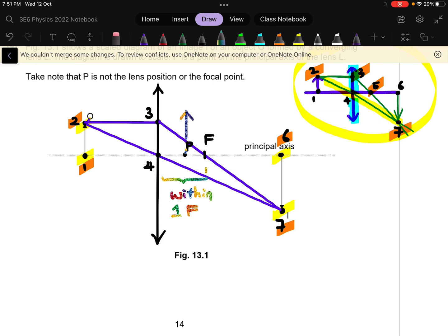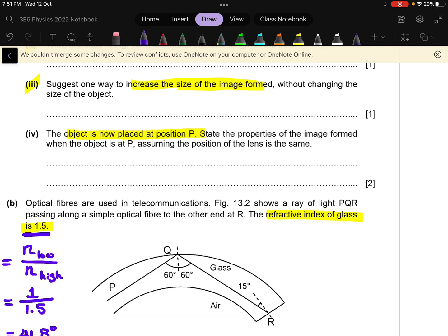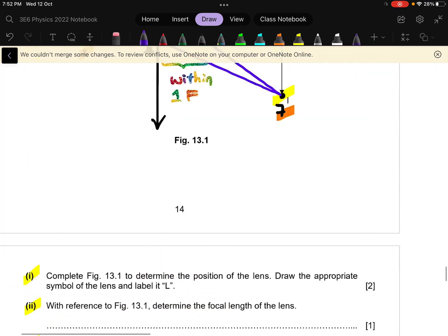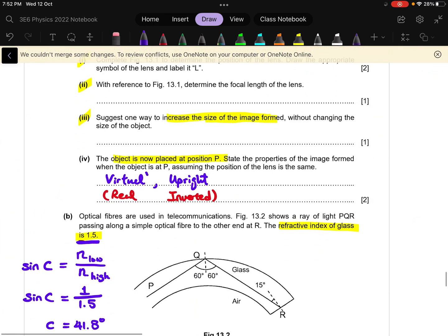If I look at my notes, I would know that when my object is placed within 1F, it is going to form an image that is virtual. And whenever you have virtual, you will have upright. These two always come as a pair. If this is real, then this will be inverted. It is always a pair. Then for the image property, when you place the object within 1F, you should get an image that is virtual, upright, and magnified.